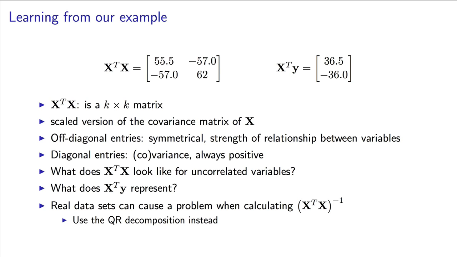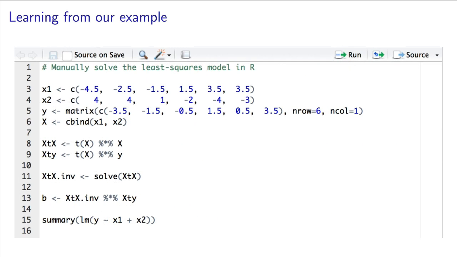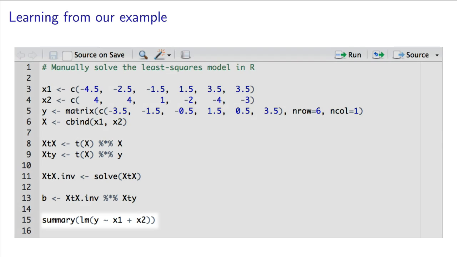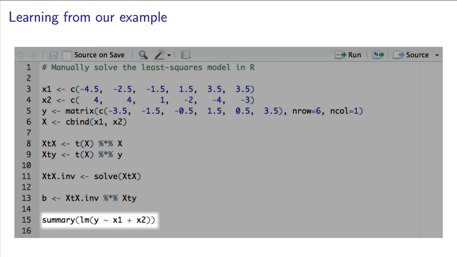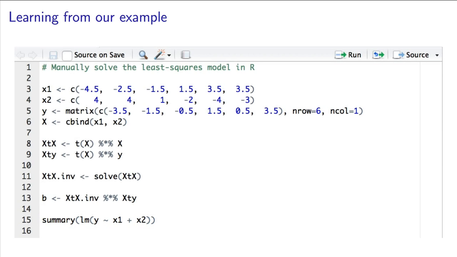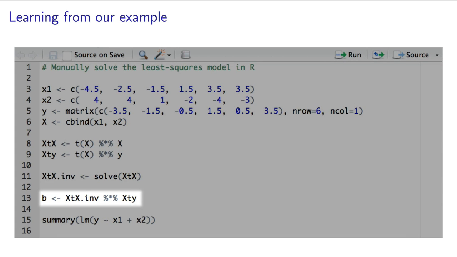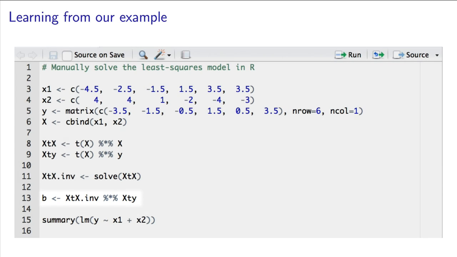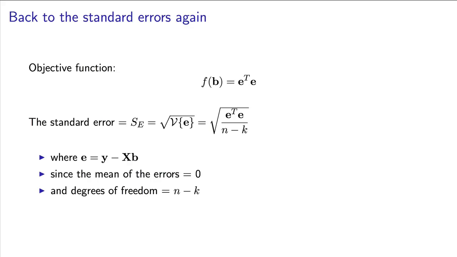And since we're talking about R, let's go see now how R solves this example problem. Use the lm command and say y is regressed on two variables, x1 plus x2. Try that out and use the summary command on that model result to see if it matches the output that you calculated with the X transpose X inverse X transpose Y equation. There is one last entry we need to go calculate, and that is the standard error.